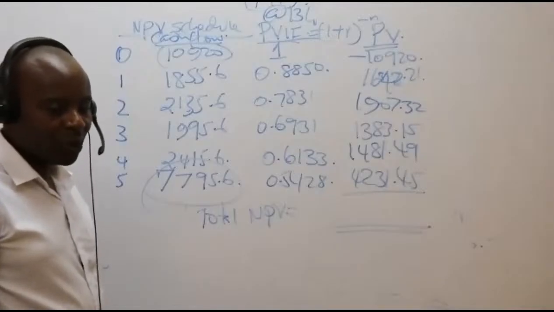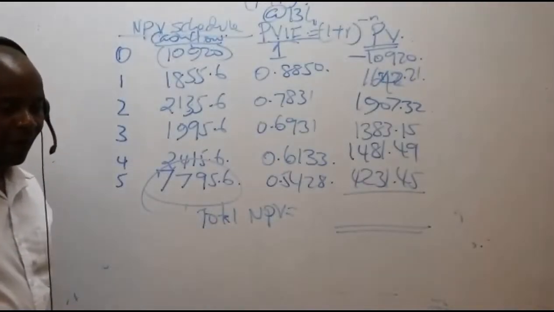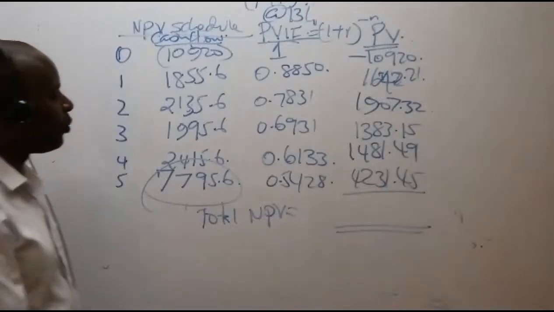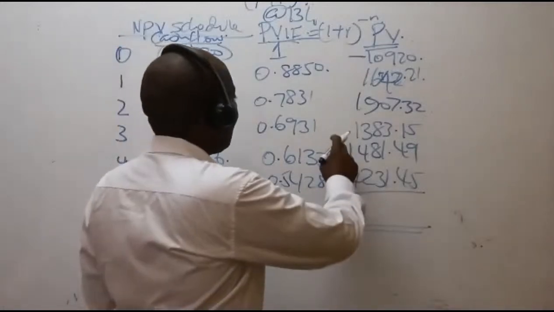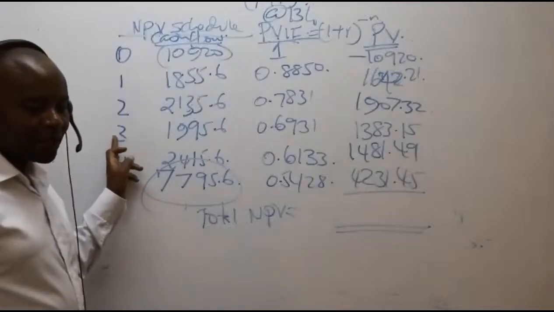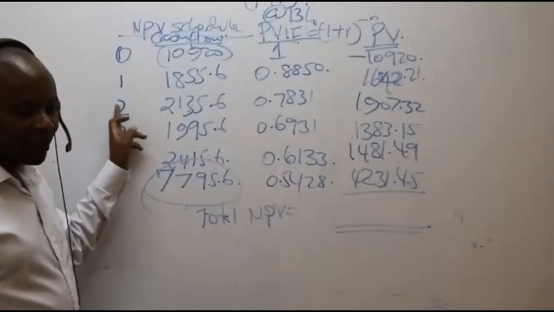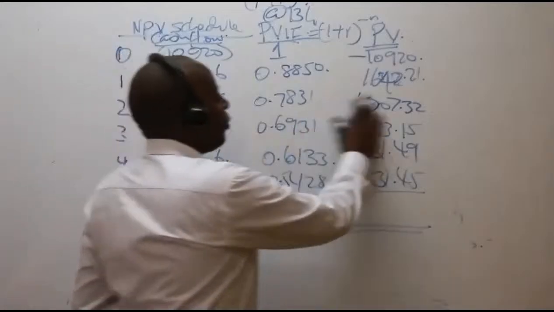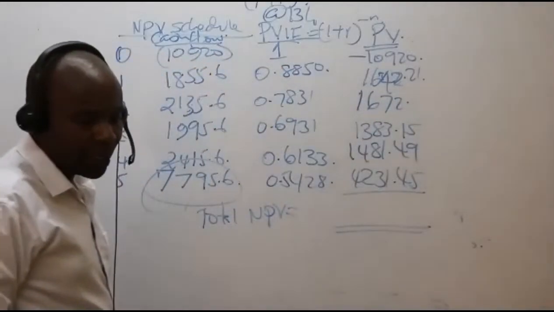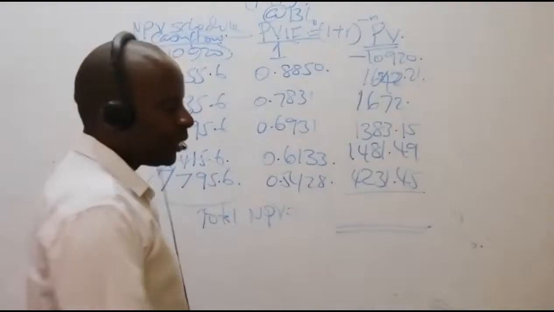The third figure is supposed to be 1670. Now, are we talking of the third year or second year? Year 2 is supposed to be 1672.39. Thank you very much.